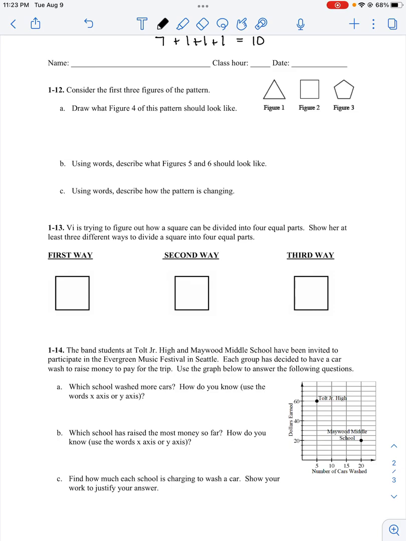We need to draw what figure 4 will look like based off of this pattern. So figure 4, well, I'm going from a 3-sided shape to a 4-sided shape to a 5-sided shape. So figure 4 is going to be a 6-sided shape. Okay.